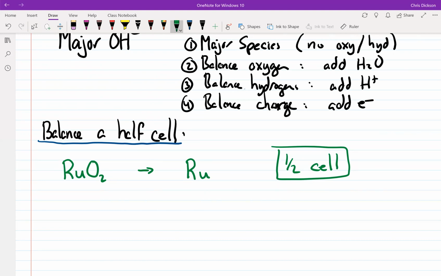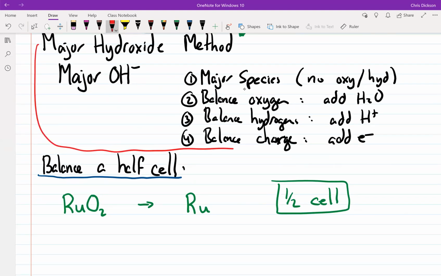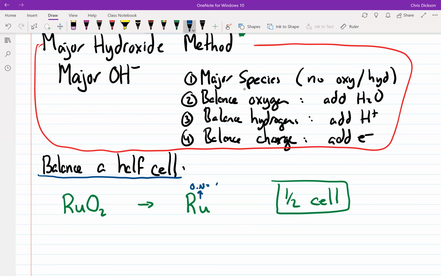And if you know the major hydroxide method, the benefit of knowing this method is you don't even have to understand what's being reduced and what's being oxidized. This method will just balance the equation. But let's just show you how you would know what's going on here. So here the Ru has an oxidation number equal to 0.